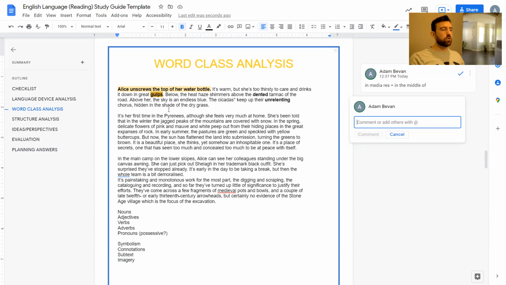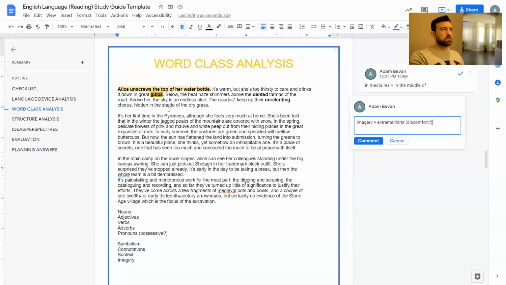So we'll think about the imagery of it. The imagery of gulps shows extreme thirst, which maybe shows a certain level of discomfort where she is. We don't know why yet. It's pretty early on in the piece, but it shows that discomfort.